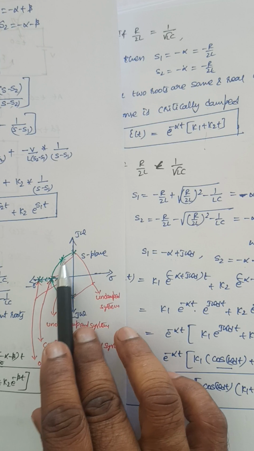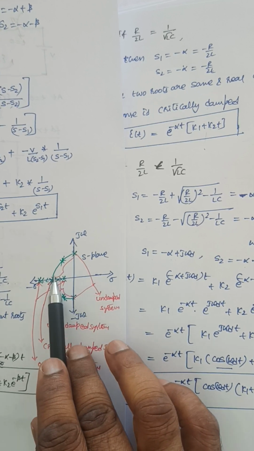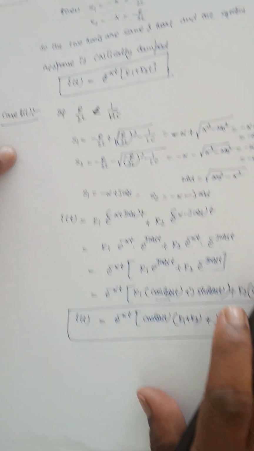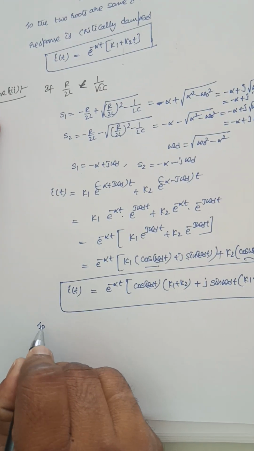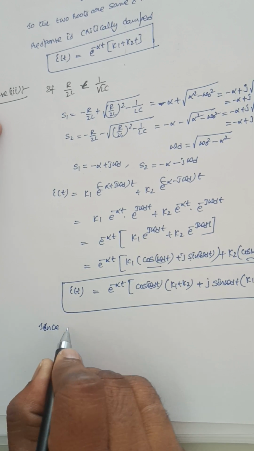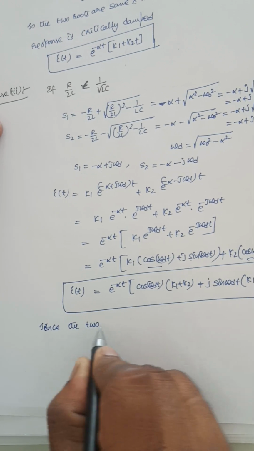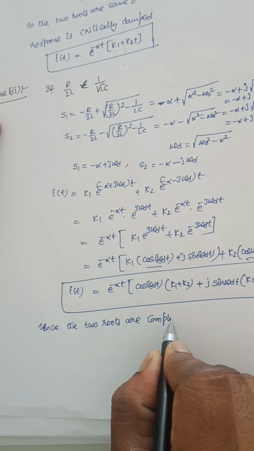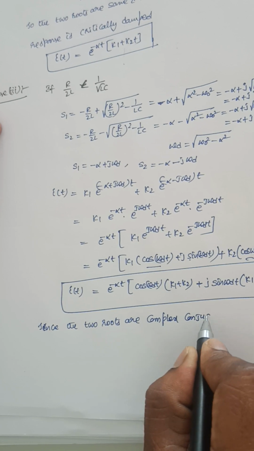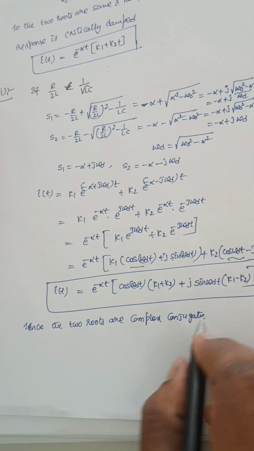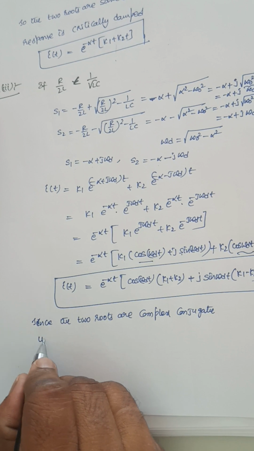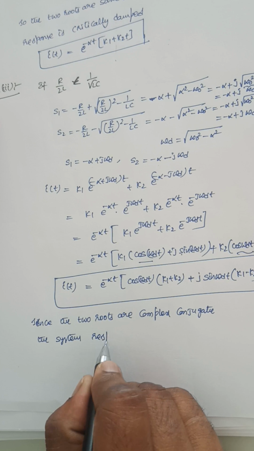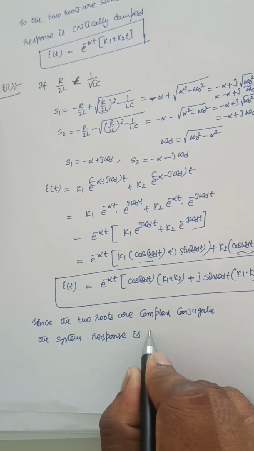If the two roots are in this region, the system comes under the damped category. So since the two roots are complex conjugate roots, the system response is underdamped.